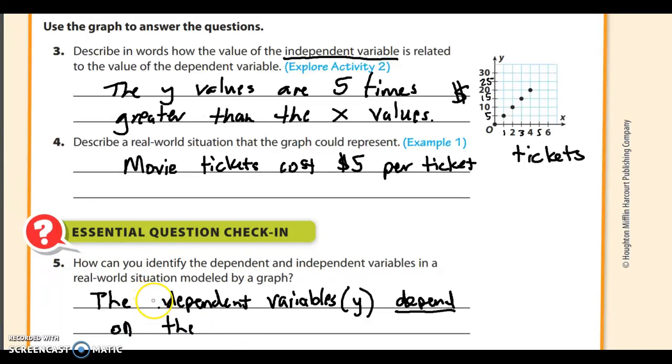It's the dependent variables, the y's, depend on the independent variables, which are almost always the x's. I'd like to say they're always the x's, but sometimes they get set up backwards on accident. So the answer to this one is the dependent variables, the y's, depend on the independent variables, the x's. Okay, great job. You're done with page 342.